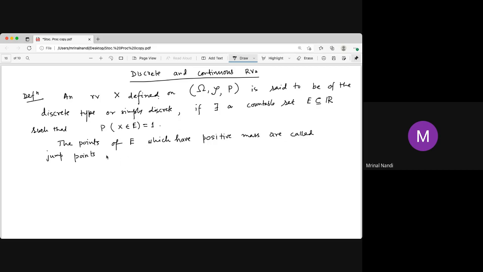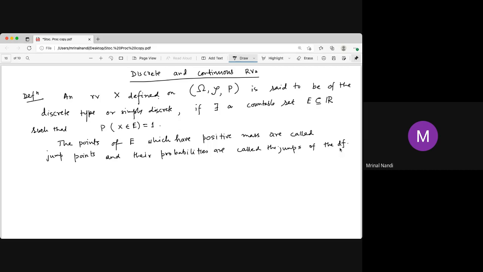The point is called the jump point, and the jump is its probability. DF is the short form of distribution function.